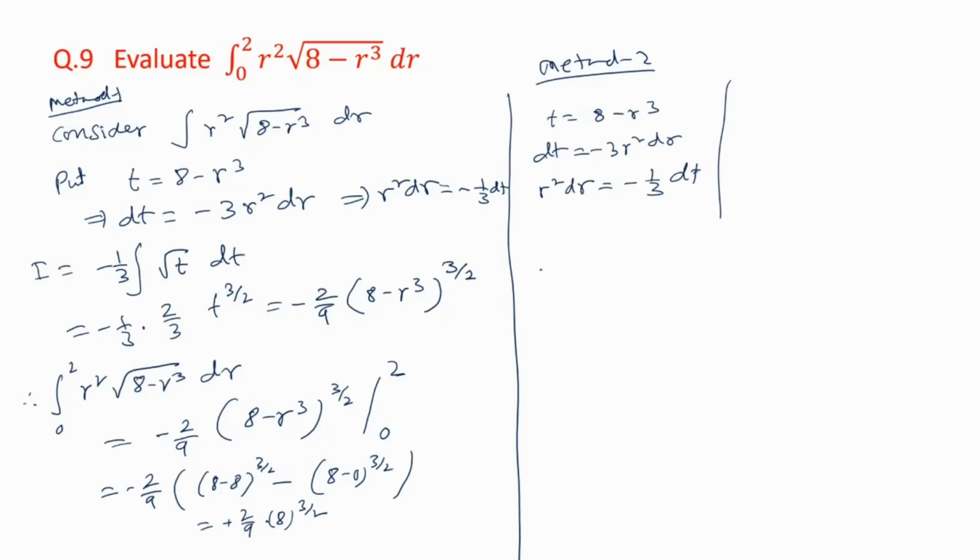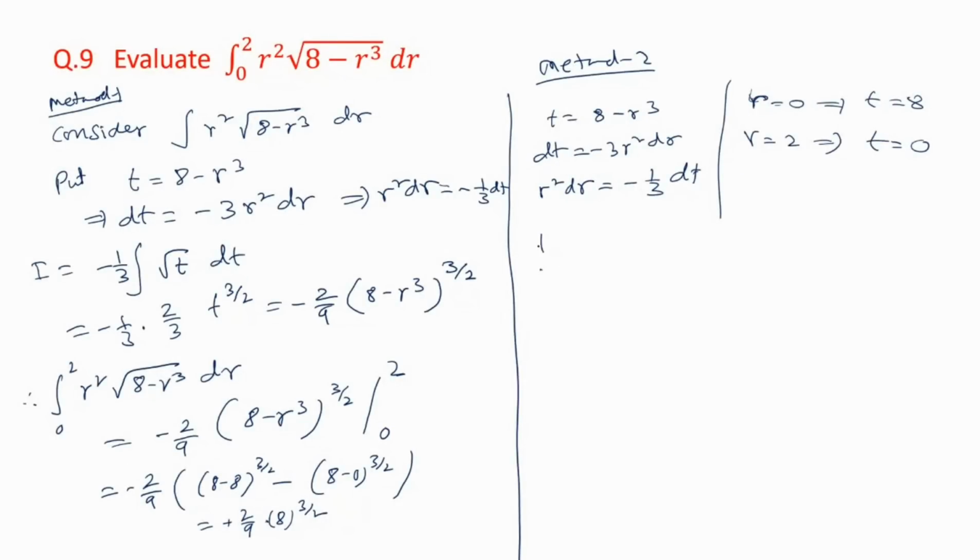And here you get the limits: when r is equal to 0, t is equal to 8, and when r is equal to 2, t is equal to 0.